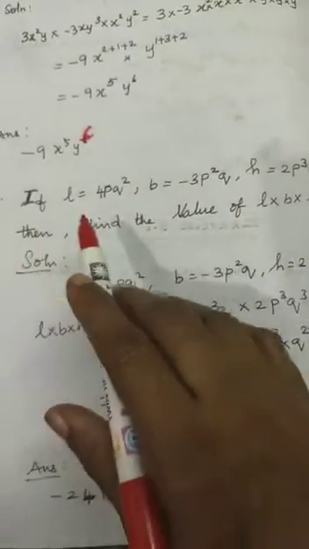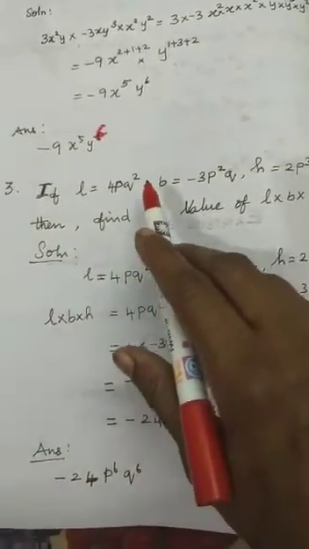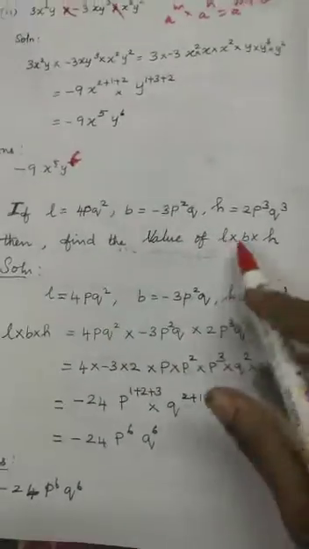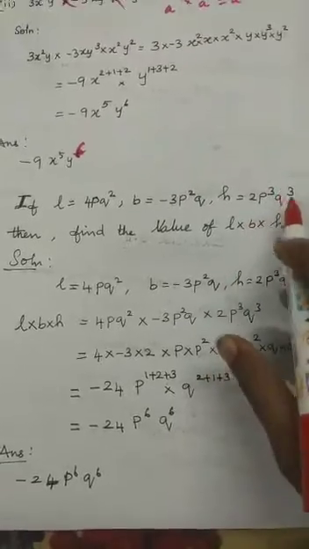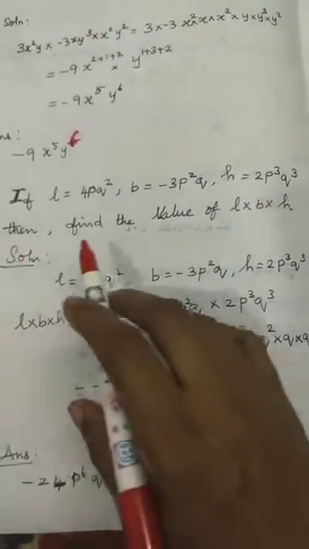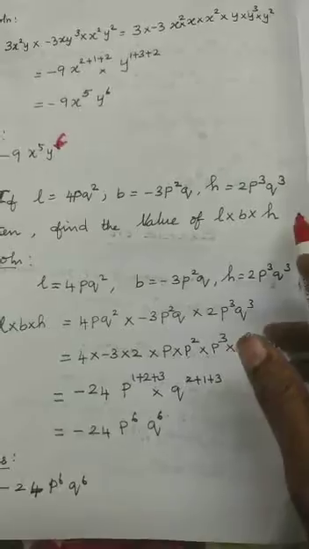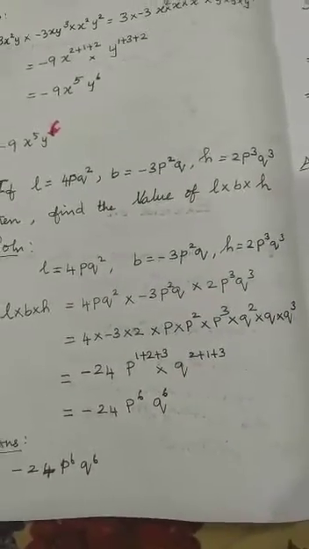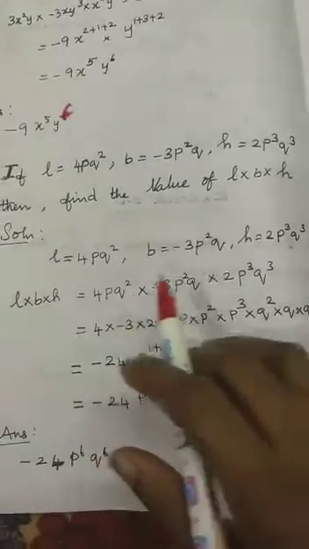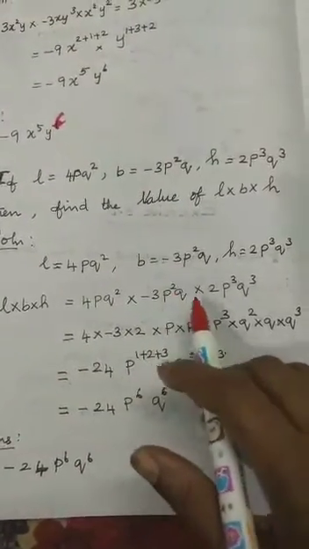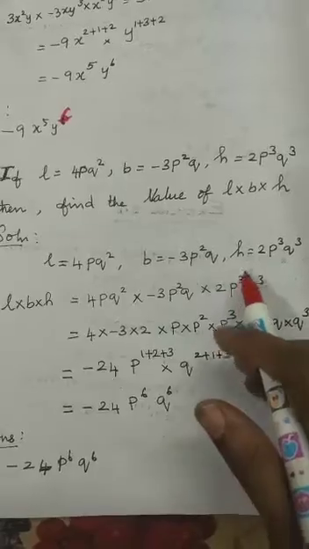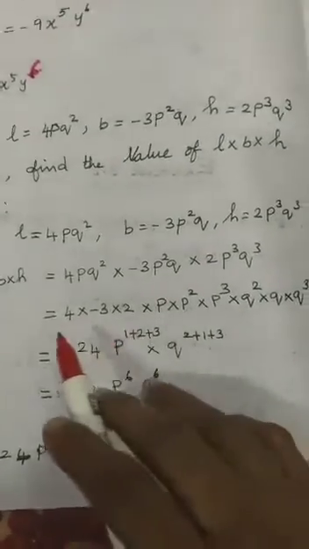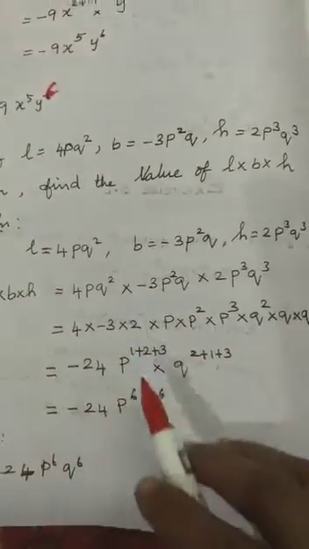Then find, if L is equal to 4pq square and B is equal to minus 3p square cube and H is equal to 2p cube q cube, then find the value of L into B into H. You have to multiply these three. L into B into H is equal to 4pq square into minus 3p square cube into 2p cube q cube. Now take the constants outside: 4 into minus 3 into 2.